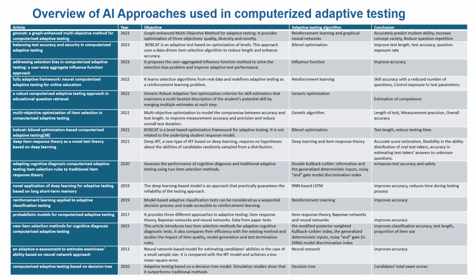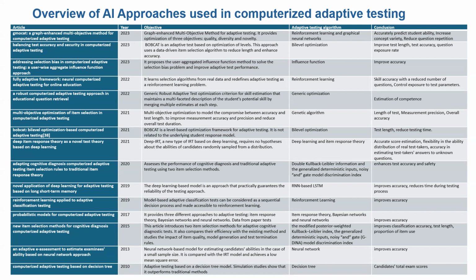Overview of AI approaches used in computerized adaptive testing. The table presents a summary of adaptive testing models based on artificial intelligence and the algorithms used for adaptation. These articles demonstrate important advances in the application of artificial intelligence, highlighting the variety of approaches used to improve the efficiency, accuracy, and validity of educational assessment.